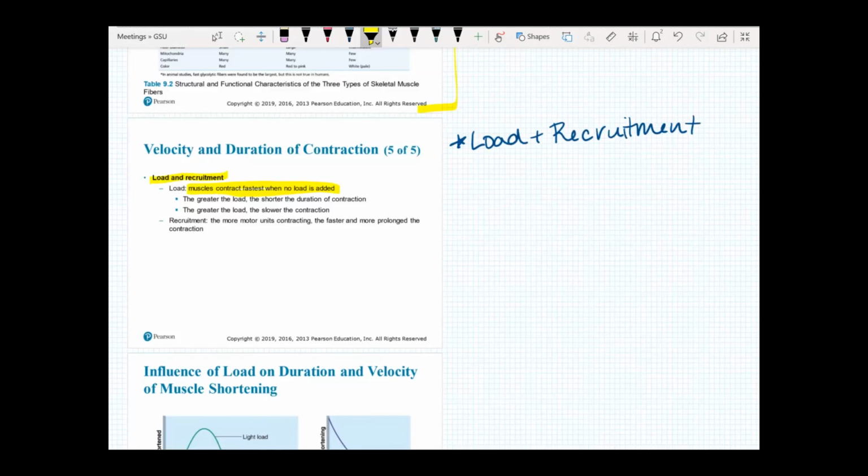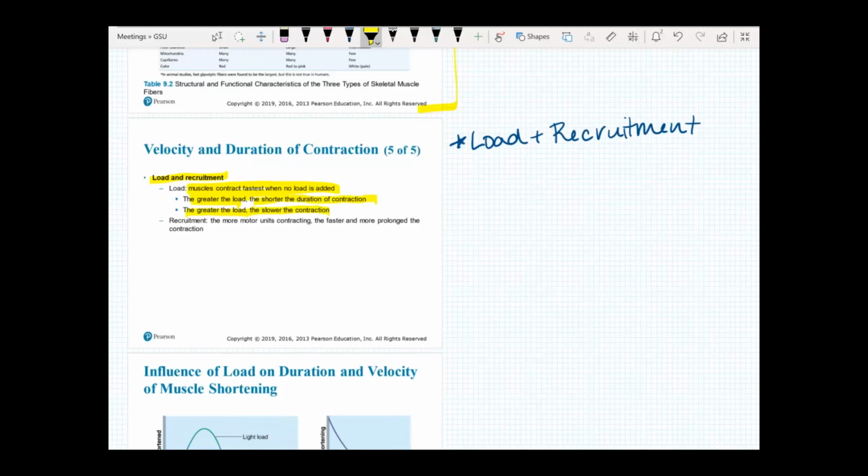The greater the load, once you add the refrigerator, you're only going to be able to have your contraction happen for a short amount of time. And if you add the refrigerator, you increase the load, you'll slow down the contraction. So that's the load. How big the load is will determine your length of contraction and the strength of contraction.